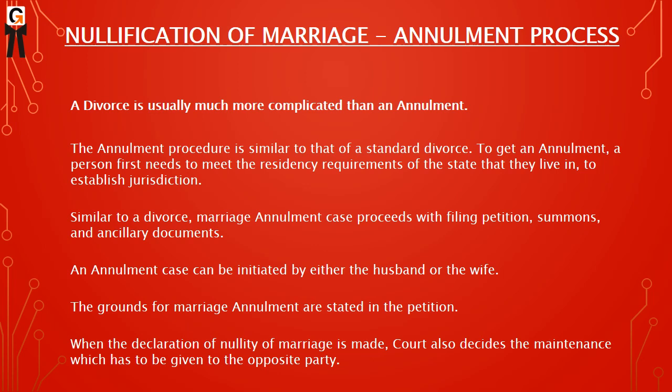Just like divorce, an annulment case can be initiated by either the husband or the wife. The grounds for annulment have to be stated in the annulment petition, just like divorce. Finally, when the declaration of nullity of marriage is made, the court also decides the maintenance which has to be given to the opposite party.